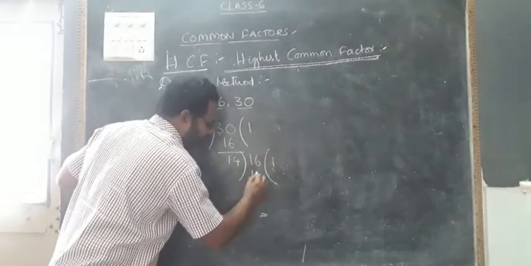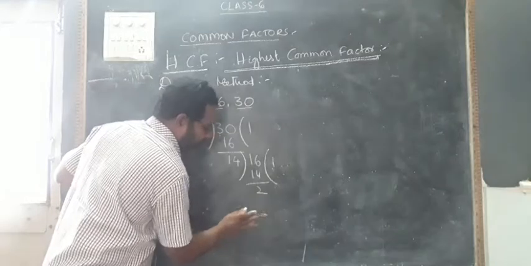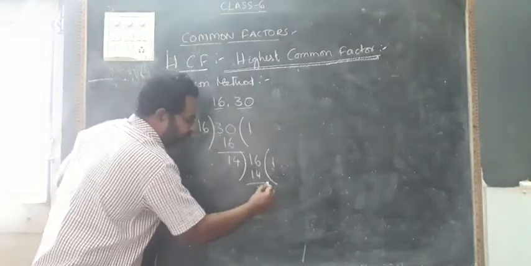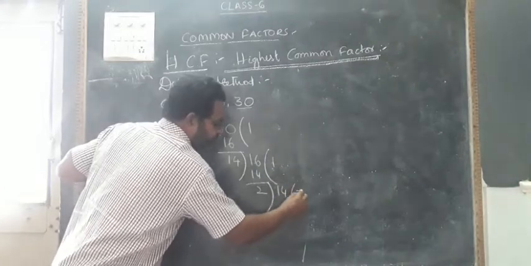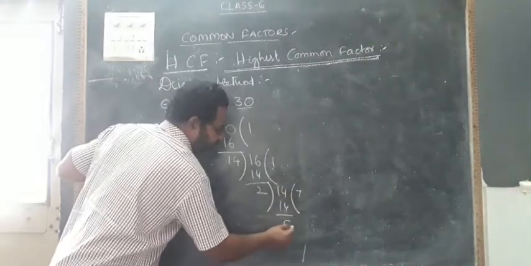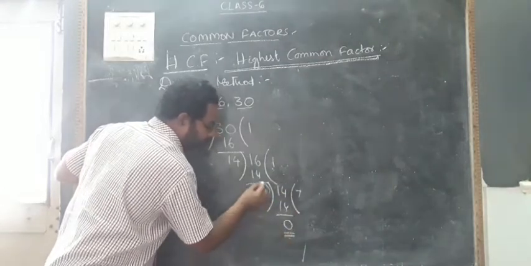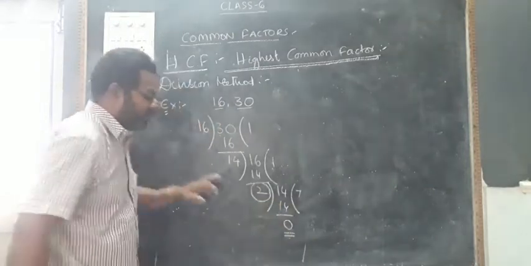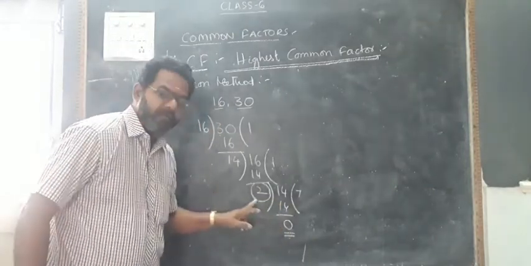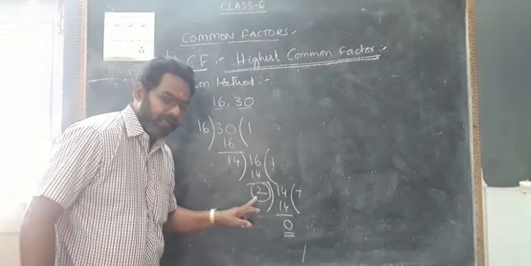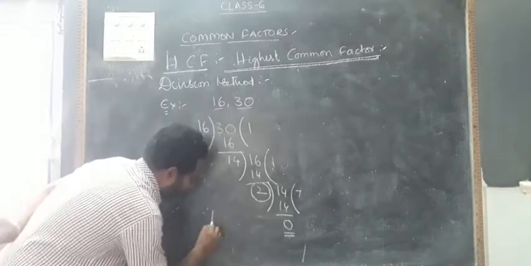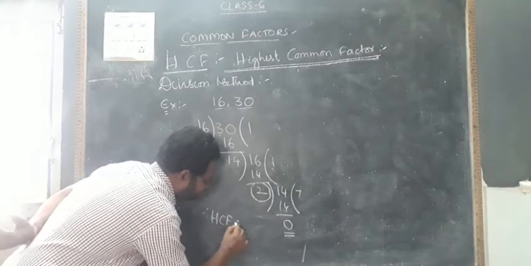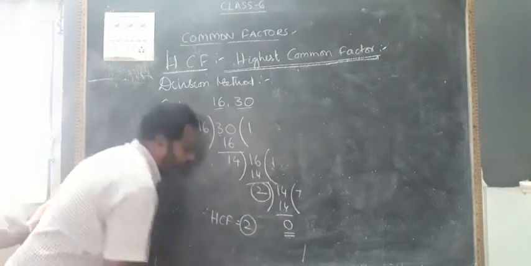Again, 14 1 is 14. 2 is the remainder. This should divide 14. 2 7 is 14. 0. When 0 comes as the remainder, the number we divided with is the HCF. So 2 is the HCF. Here we can write HCF of 16 and 30 is equal to 2.